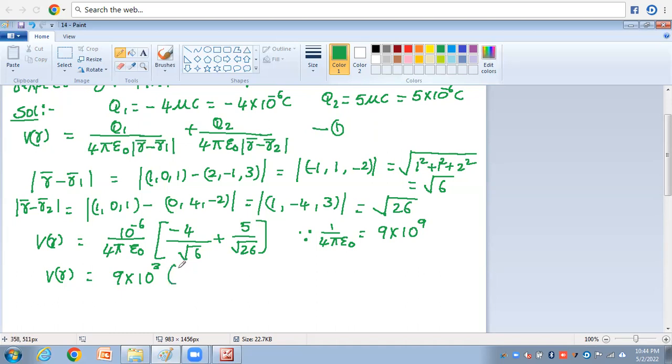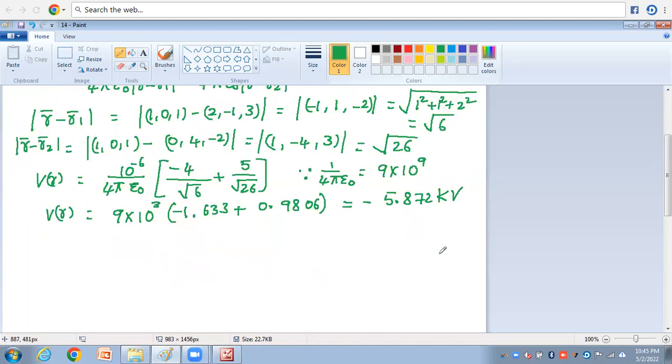Doing some mathematical part in between, minus 4 by root 6 is minus 1.633, plus 5 by root 26 is 0.9806. The final resultant is minus 5.872 kilovolts. This is the potential. Then I will go with the next problem.